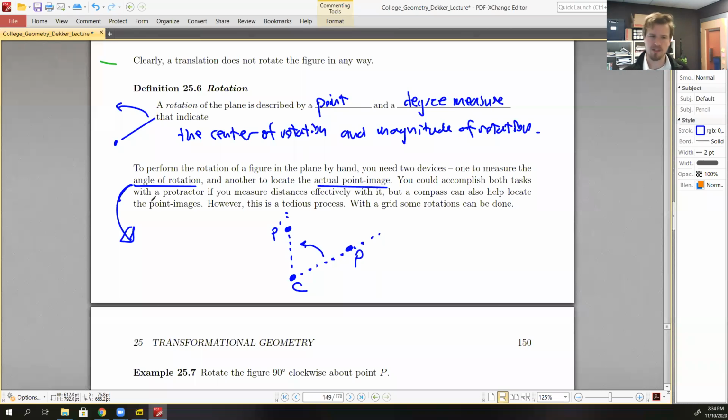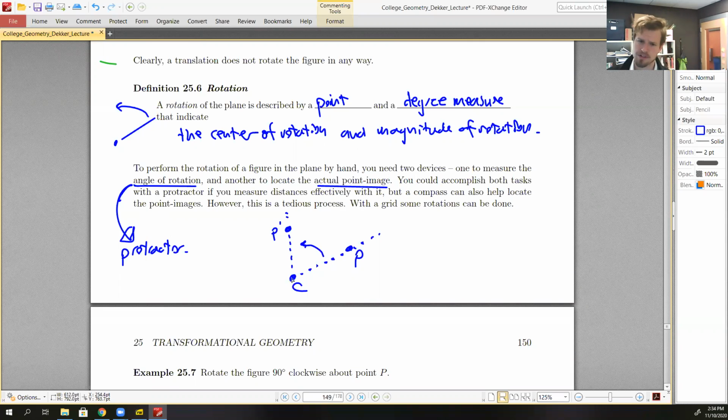But if we're given something like 47.5 degrees, then you may find yourself needing a protractor. I would encourage you to have one. That would be convenient. There is also an activity where you're asked to measure an angle or measure two angles. So a protractor would be a great idea.